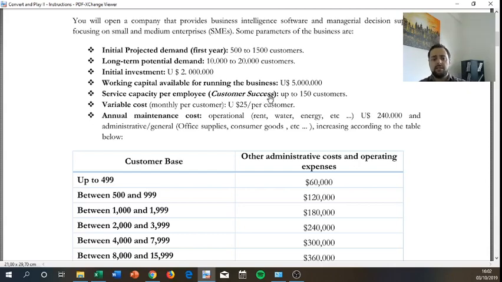In the beginning, you can have at most 20 customer success employees, but in general, you expect that each customer success employee works with no more than 150 customers. So basically, this is the maximum capacity for each employee: 150 customers.